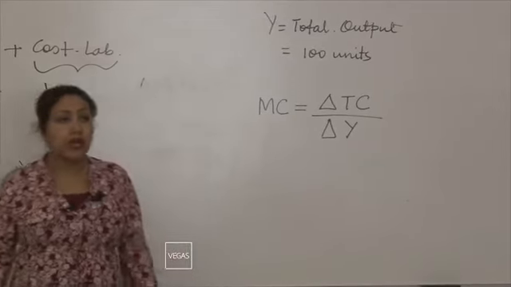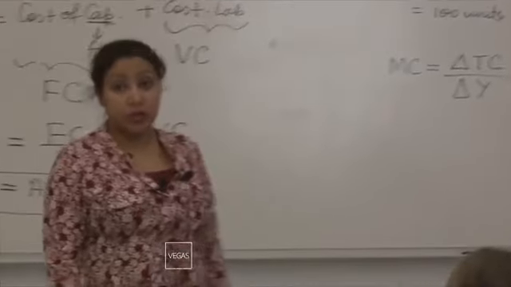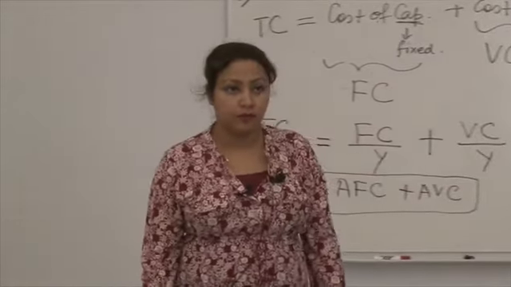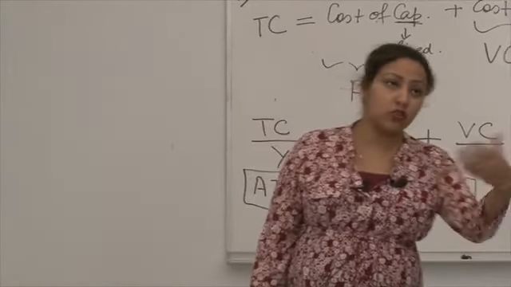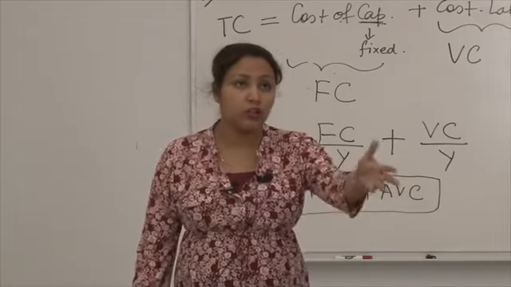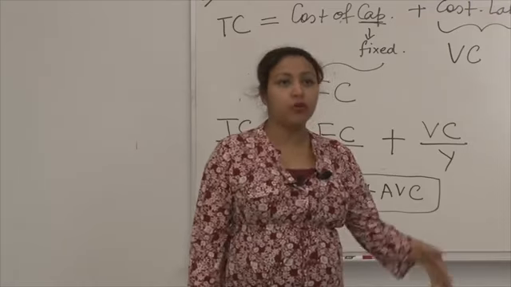So let's say today I am producing 100 shirts, and my total cost of producing those 100 shirts is 1000. Tomorrow if I produce 1 extra shirt, as in 101 shirts, then obviously I will need more money because I am producing extra.